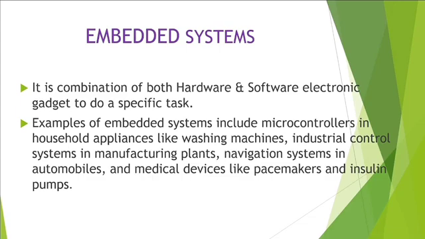Examples of embedded system include microcontroller in household appliance like washing machine, industrial control system in manufacturing plant, navigation system in automobile and medical device like pacemaker and insulin pump. These all examples contain both hardware as well as software.